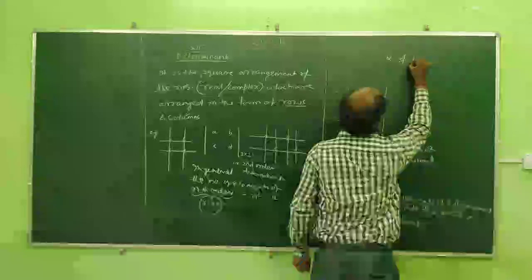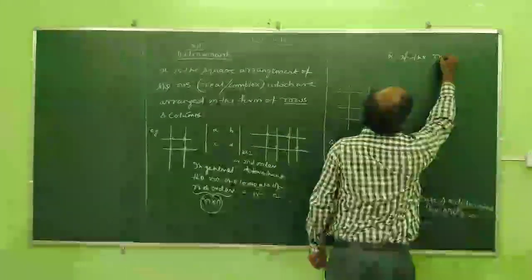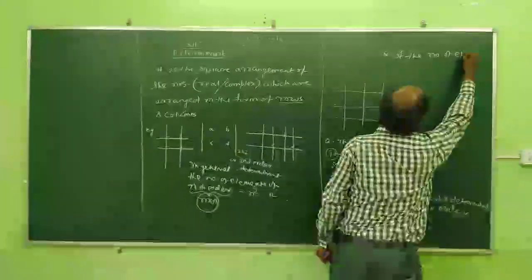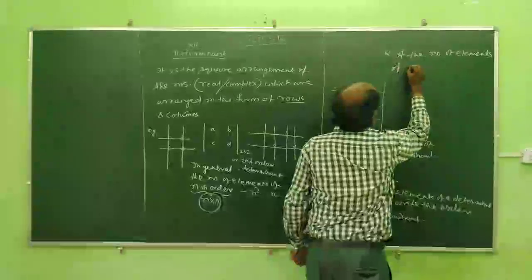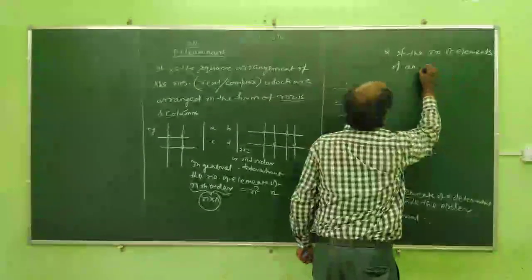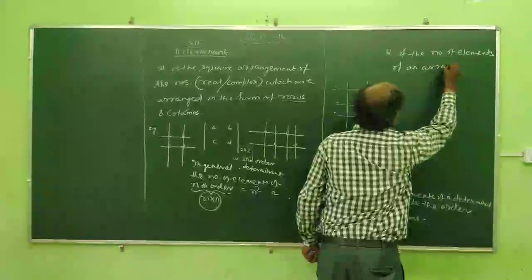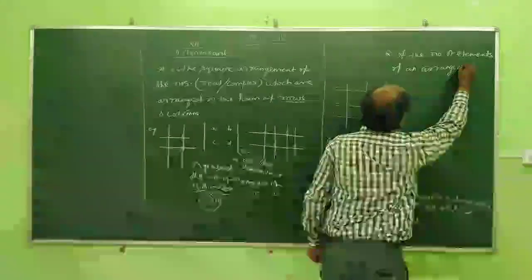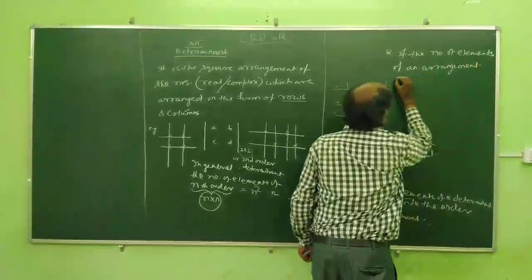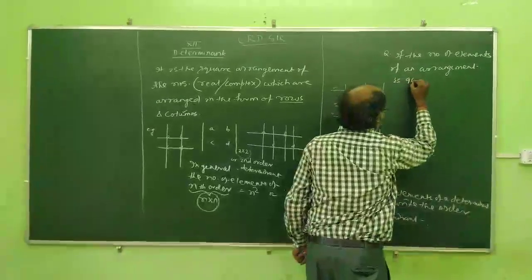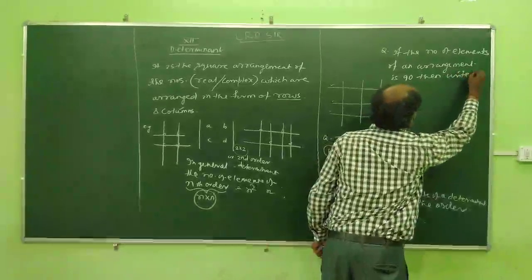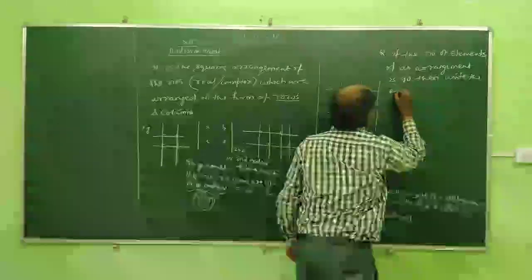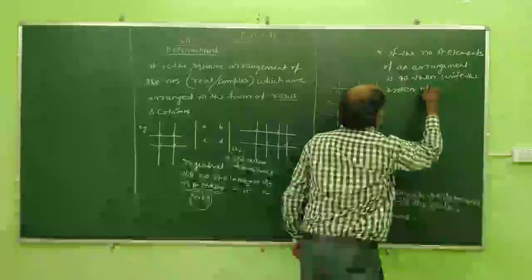If the number of elements of an arrangement, I am not writing determinant because this cannot be a determinant, of an arrangement is 90, then write the order of the arrangement.